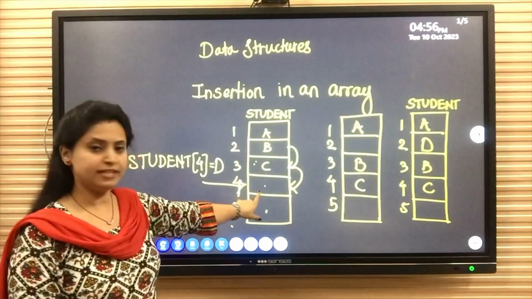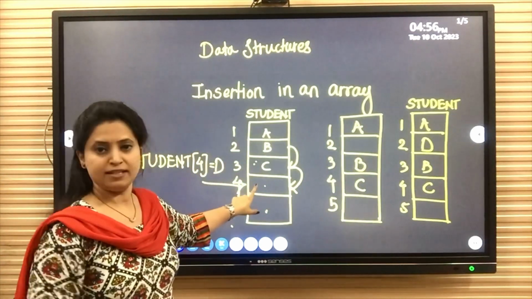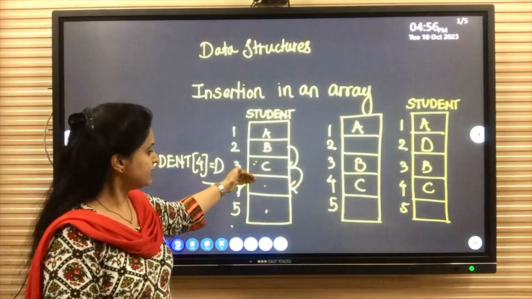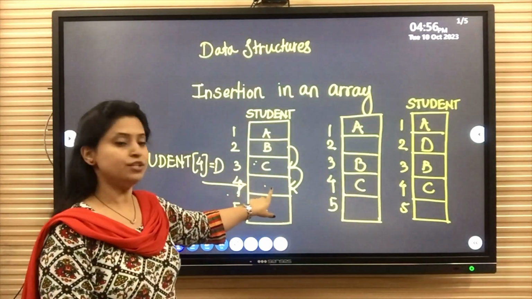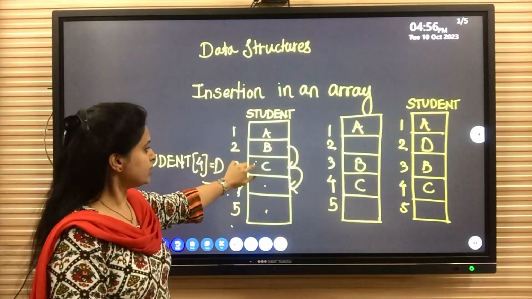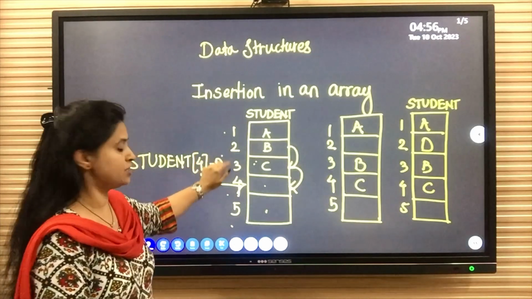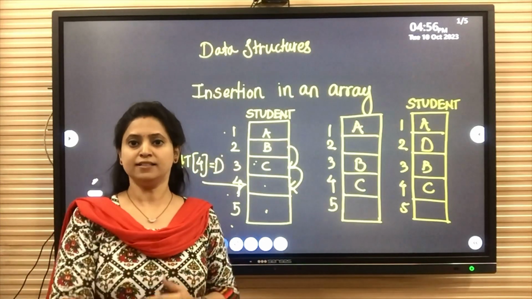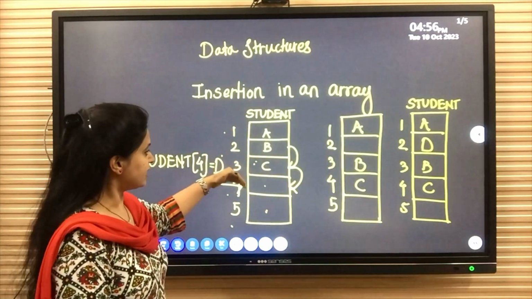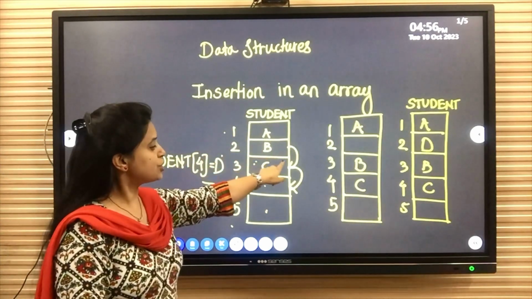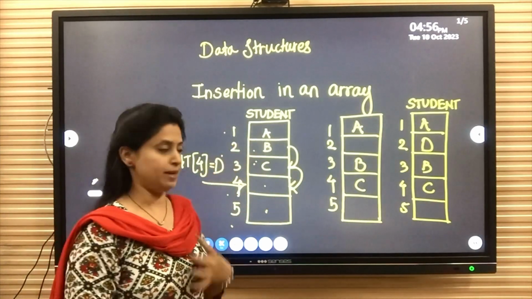So we can insert the element at any place in the array, but if we are inserting the element at the end, then directly we can assign the new element at that position. But if we want to insert it somewhere like at the 1st position, 2nd position, 3rd position or any other position where an element is already present, then in that case we have to shift the elements downside and then insert the new element.